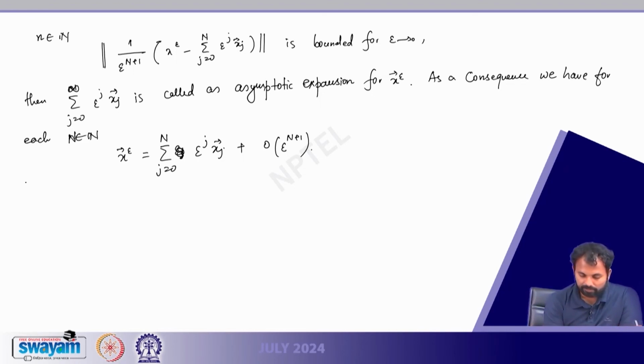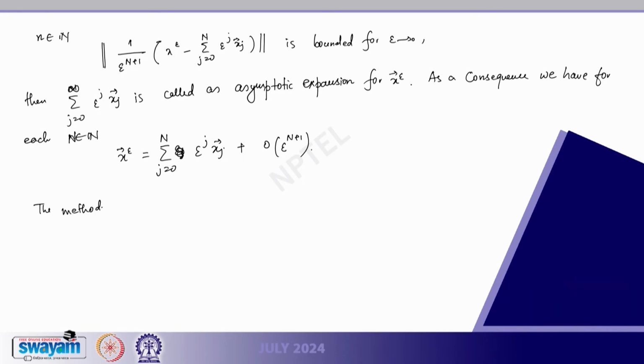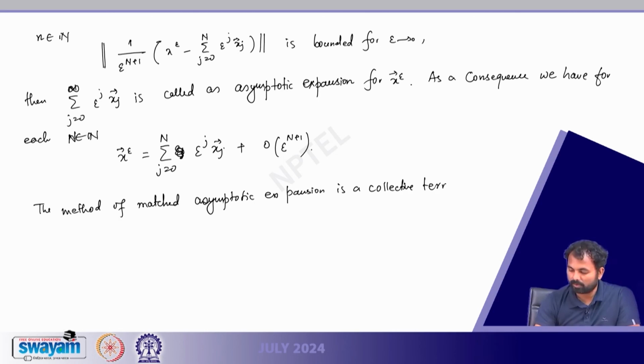The method of matched asymptotic expansion, asymptotic expansion, is a collective terminology for a number of techniques.